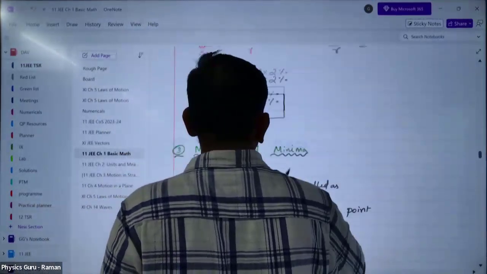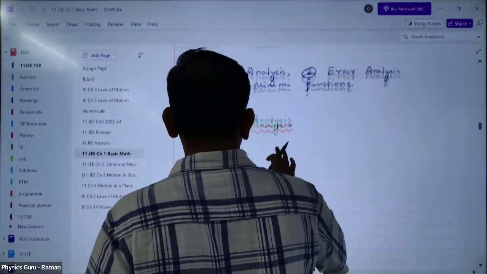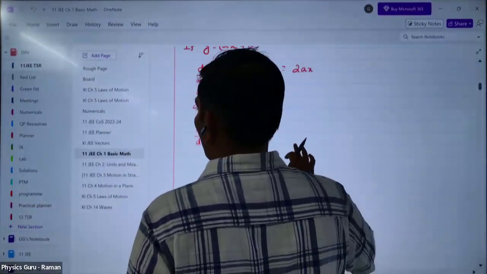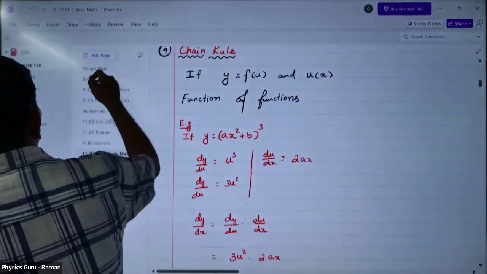So I'm going to introduce some extra information in your graph. Okay, let's see that.